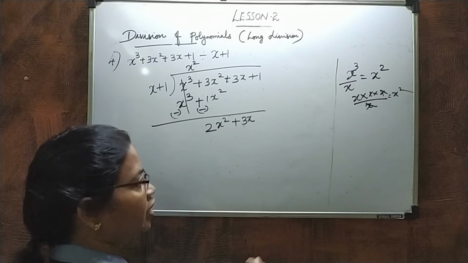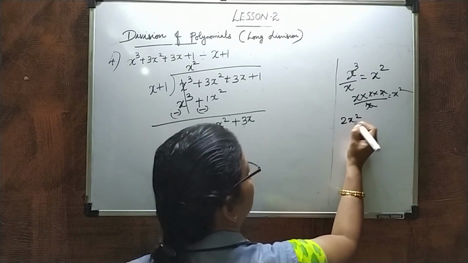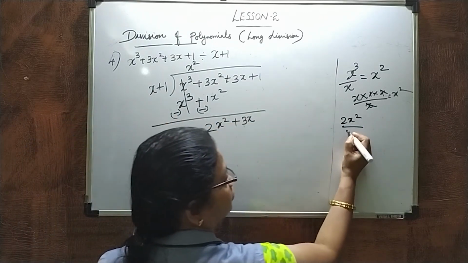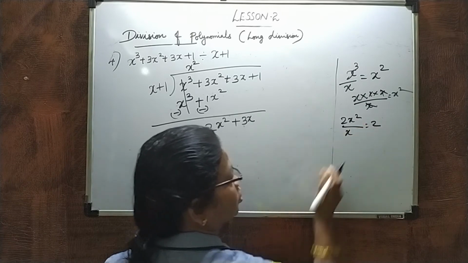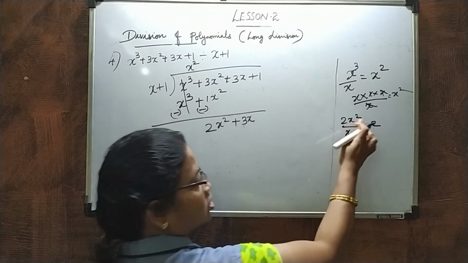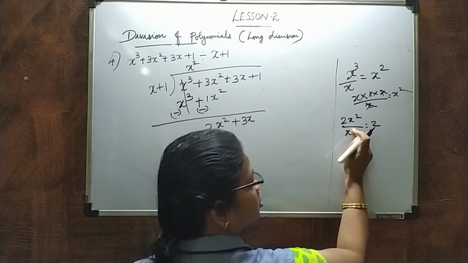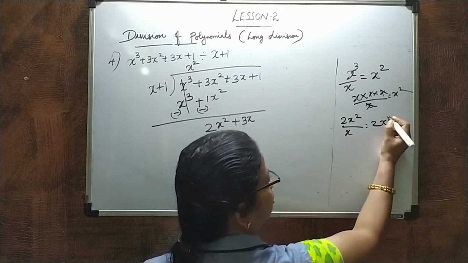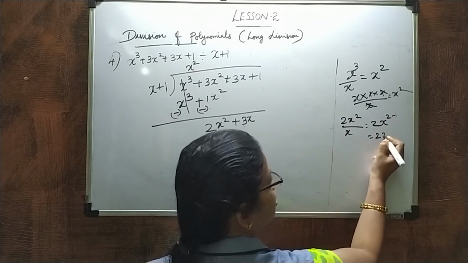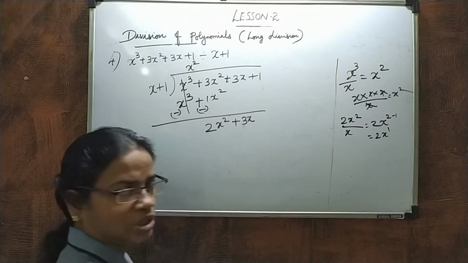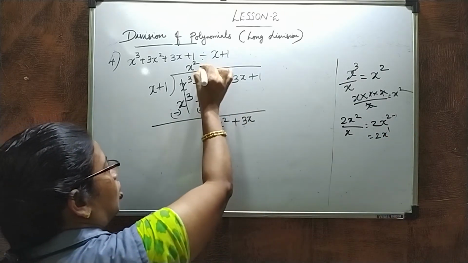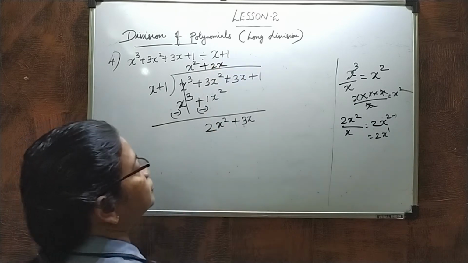After that, divide again. 2x square divided by x. That means 2 into x square divided by x. x square divided by x, a raised to m divided by a raised to n is equal to a raised to m minus n. 2x, 2 minus 1 is 1, 2x. Write on the top, plus 2x.